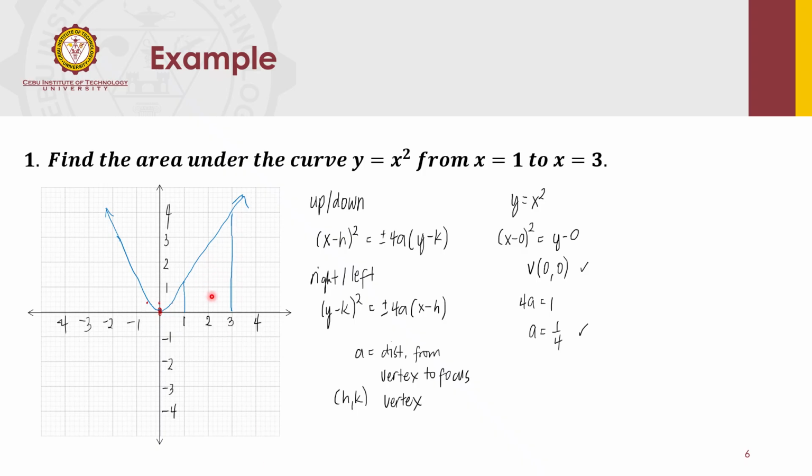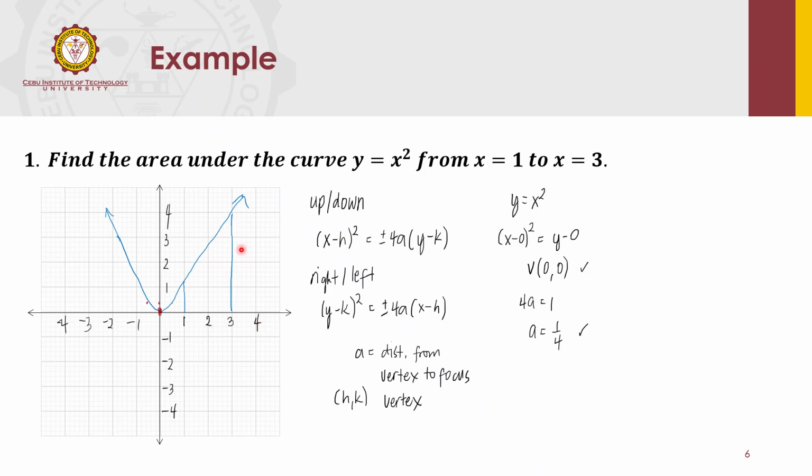Okay, so bounded by this parabola and it says under the curve. So the other curve that sets the boundary is the x-axis. So it's this area here. Okay, so meaning our upper curve is the parabola and the lower curve is the x-axis.